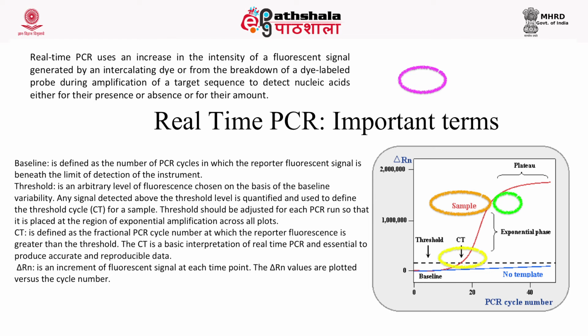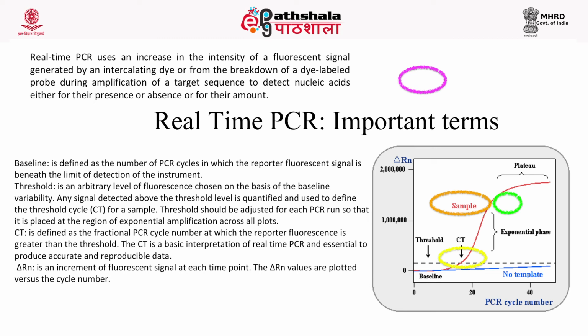Any signal detected above the threshold level is quantified and used to define the threshold cycle, that is CT value, for a sample. The threshold should be adjusted for each PCR run so that it is placed at the region of exponential amplification across all plots.